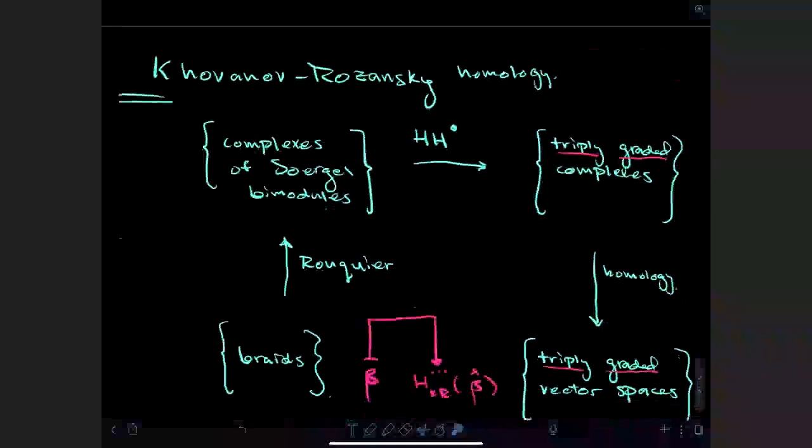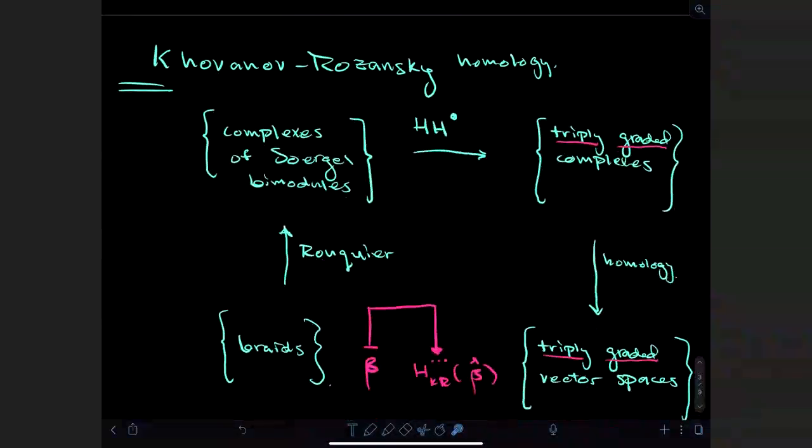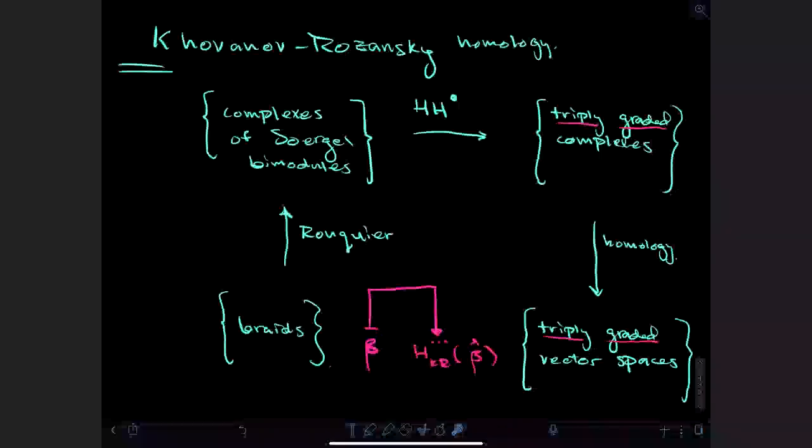Okay. So when we categorify, consider Khovanov-Rozansky homology. The way this looks is, you start with a braid representative of your favorite link. There's a construction due to Rouquier, which will produce a chain complex of Soergel bimodules. So I'm not going to tell you what a Soergel bimodule is.